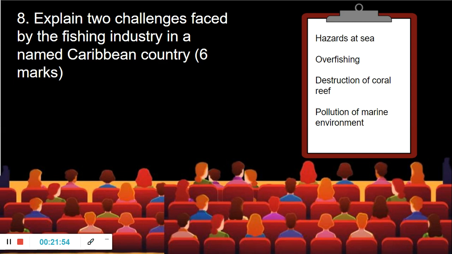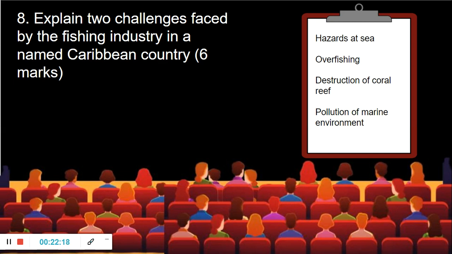So maybe by listing the challenge, you might get 1 mark, and then for saying something else about it, you might get the other 2 marks. And maybe you could get another mark for stating the Caribbean territory. All right.